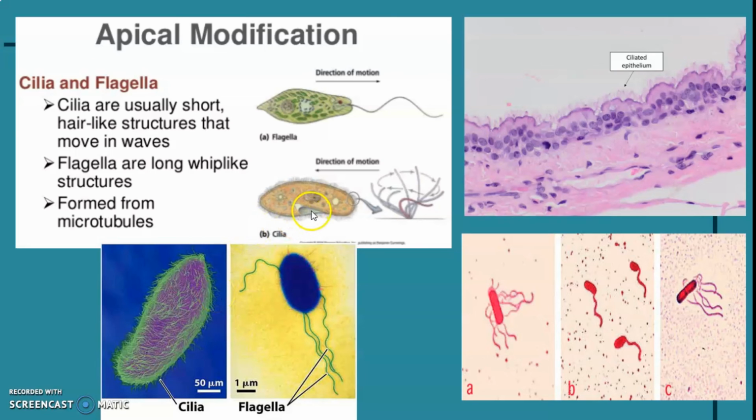Cilia are projections and a type of organelle seen on the apical surface of epithelial cells. In many locations, they beat in a coordinated fashion, while flagella are filamentous protein structures attached to the cell surface that provide the swimming movement for most motile prokaryotes.